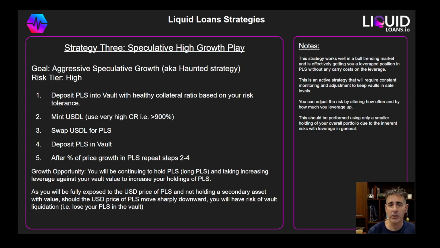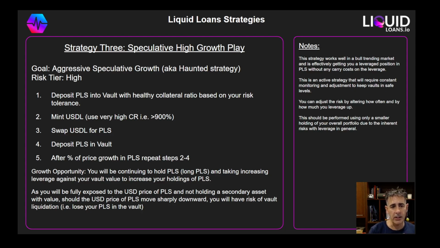The safer you make it, the better off you are, because what this effectively results in is getting a lot of leverage on your pulse. But you can do that in a controlled way. So we're not going 100x leverage, where we're being a little bit tamer, but there's risks. So let's have a look at that.